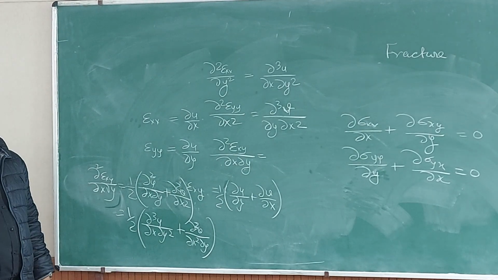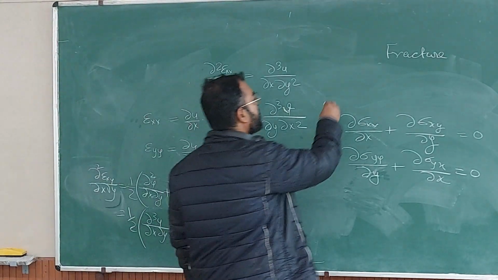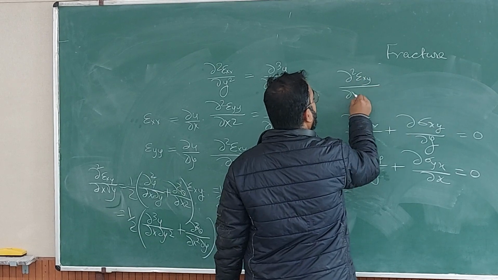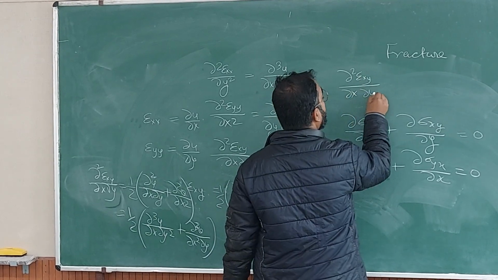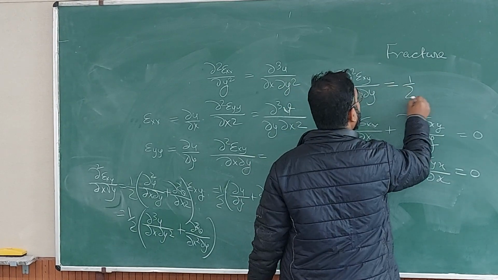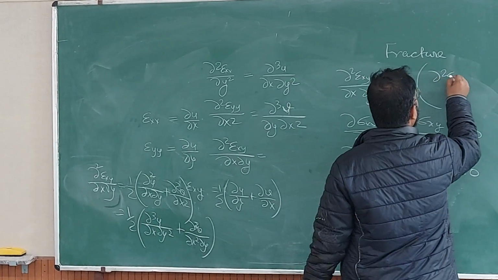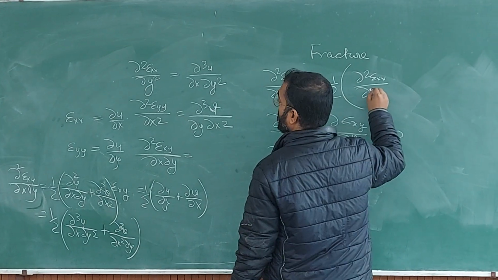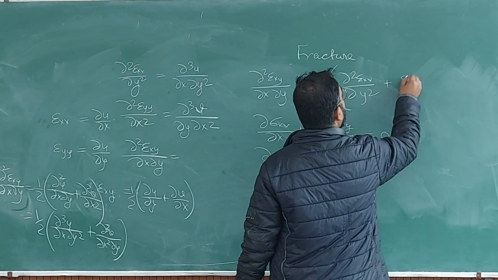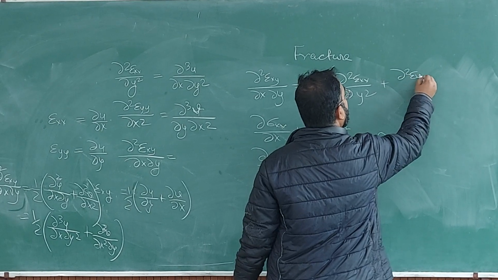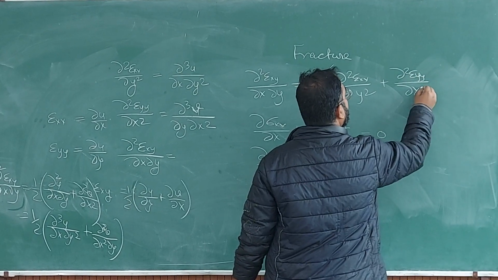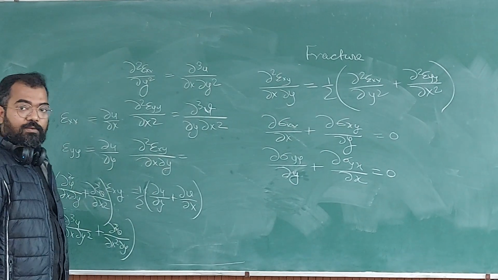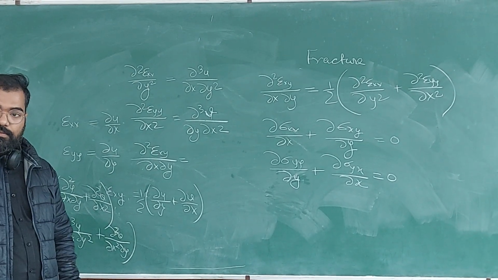Okay? So then we can write del 2 epsilon xy by del x del y is equal to del 2 epsilon xx by del y square plus del 2 epsilon yy divided by del x square. This is the strain compatibility equation for 2 dimensions.